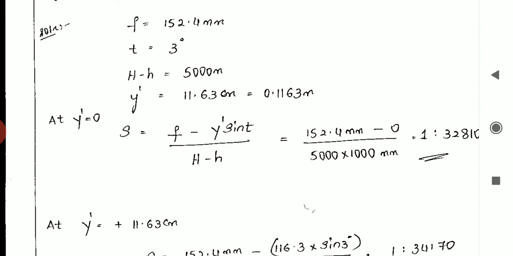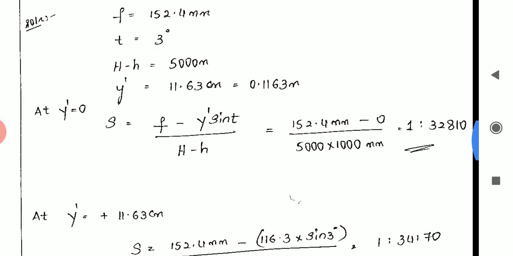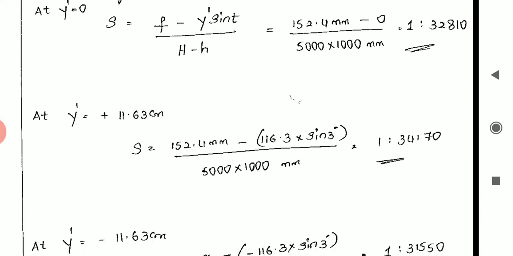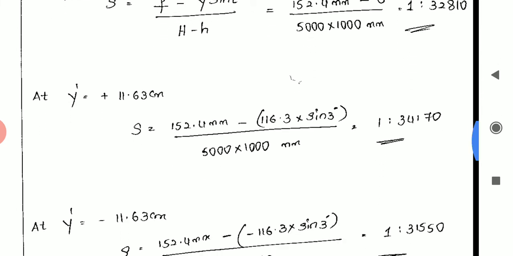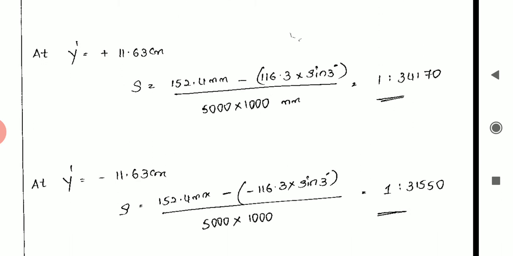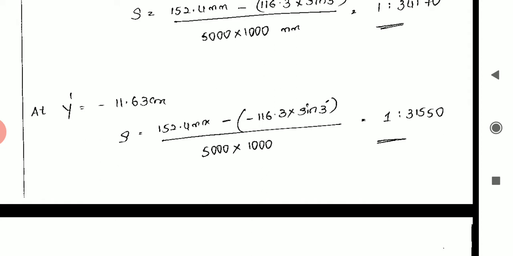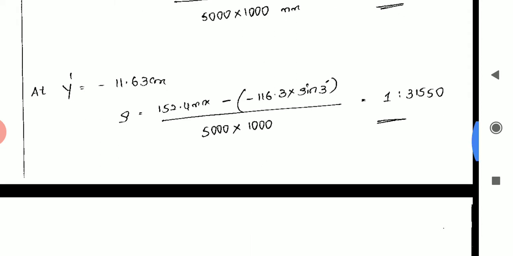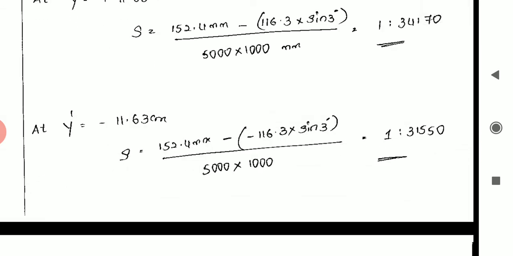Y dash is 0, and the S value is 1:32810. At y dash, if I take an upside, it is plus 11.63, and the corresponding answer is like this. And if it is downward, y dash is equal to minus 11.63 centimeter, and the scale answer is like this. By using all of this data, we have to find the scale for upward, the scale for downward, and the scale at 0 level.